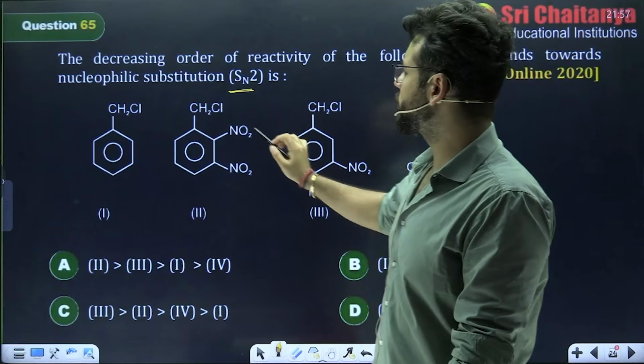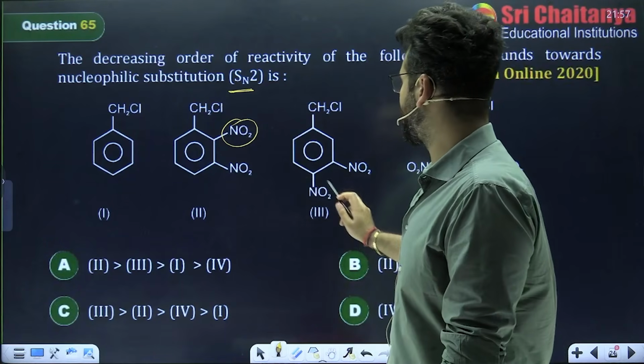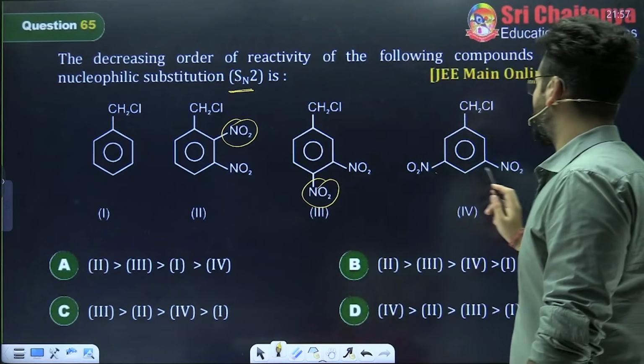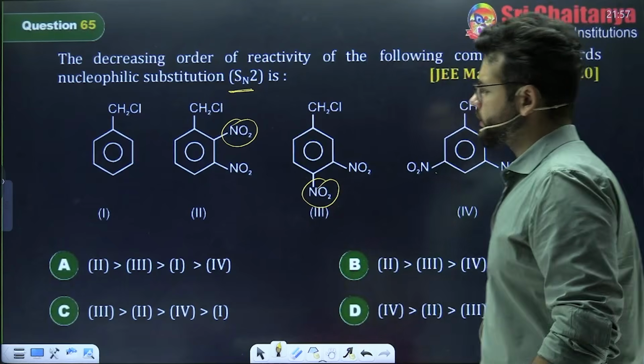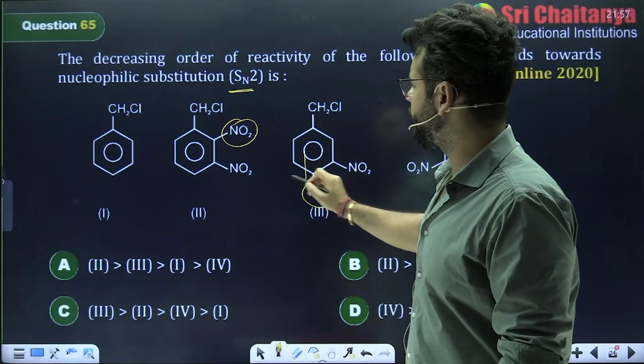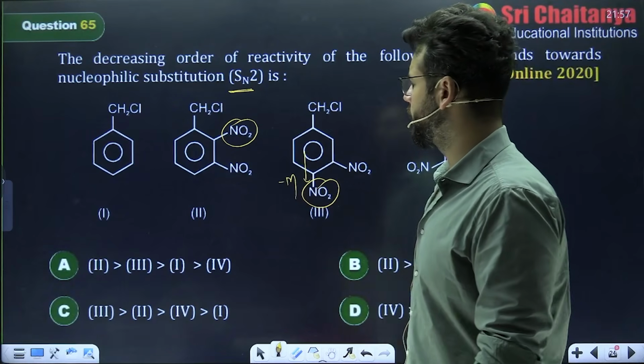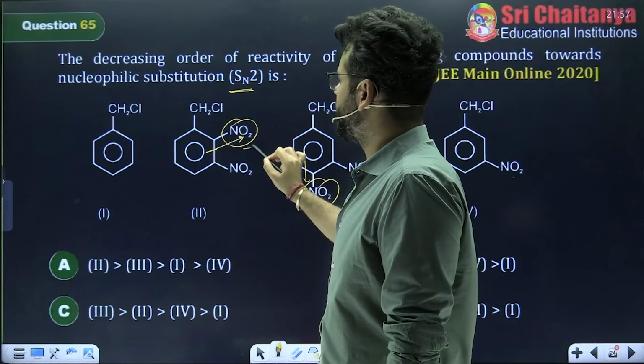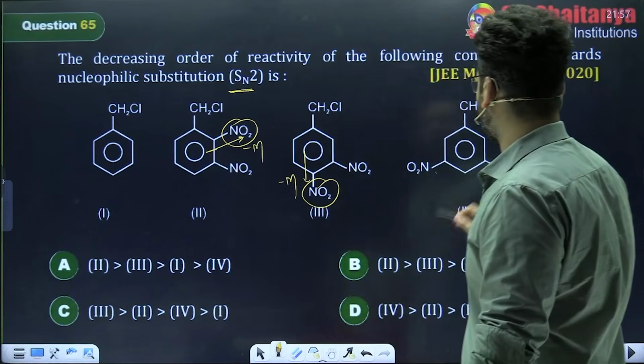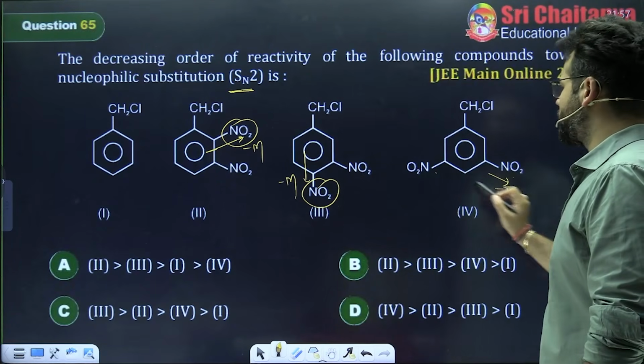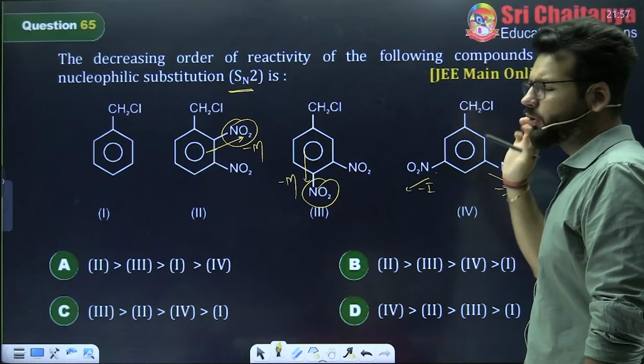Here this NO2 is helping. Here this NO2 is helping. Here none of the NO2 is helping, because this NO2 is pulling the electrons by minus M effect. This NO2 is also pulling the electron by minus M effect. And here only pulling by minus I effect, which is almost negligible at the third position anyway.